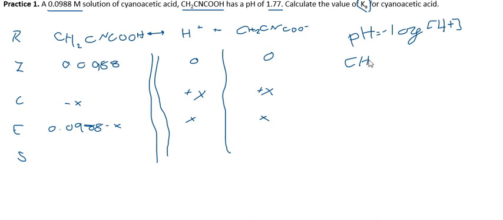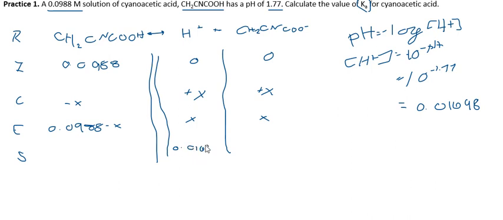Rearranging this, I get H plus is equal to 10 raised to the negative pH, which in this case is 10 to the negative 1.77, which is equal to 0.01698.